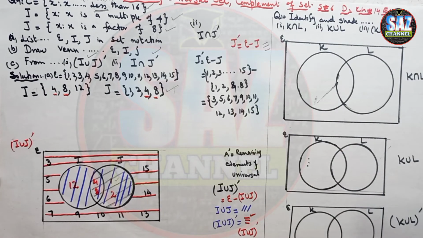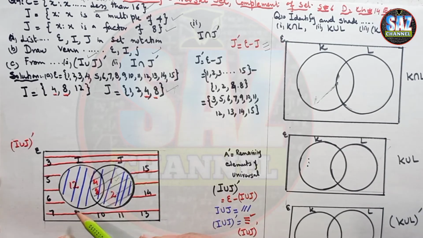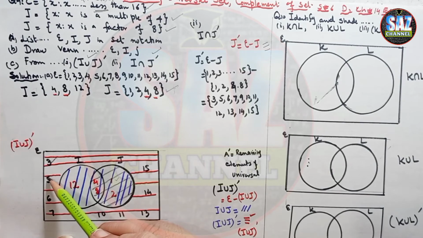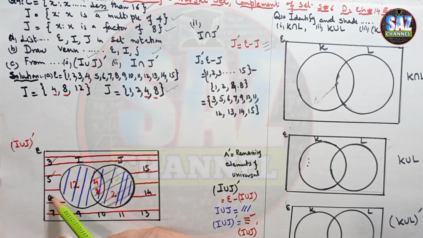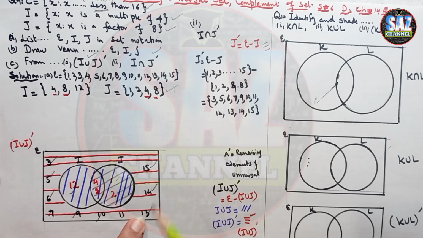Now if we look at the remaining diagram, we can see that we need to have 3 in j complement, then 5, 6, 7, then 9, 10, 11, and then 12, 13, 14 and 15.